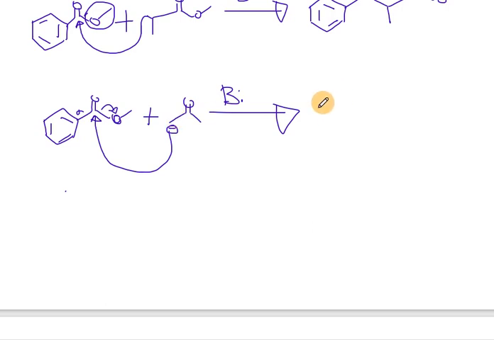So the product will now look like this. Okay, so we have this one as the benzene, this as the benzene. Then this bond will be given to the alpha carbon of the acetone, which will look like this.